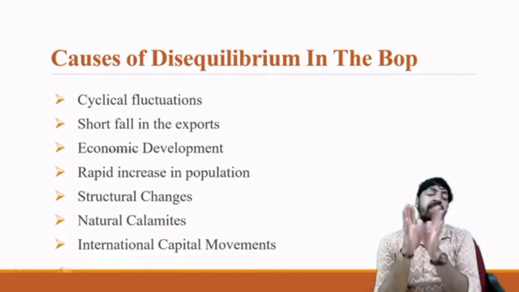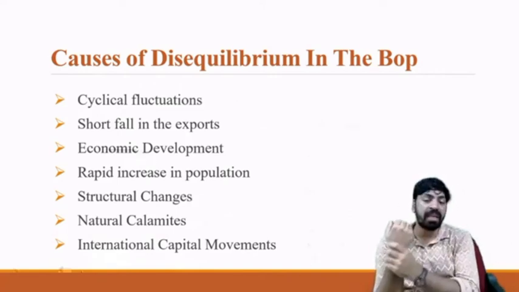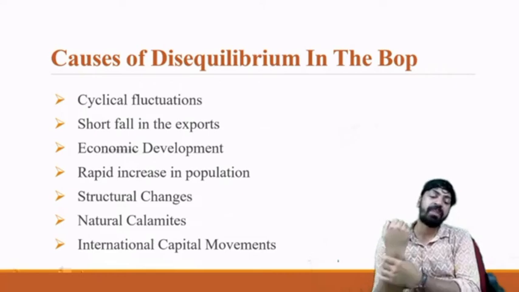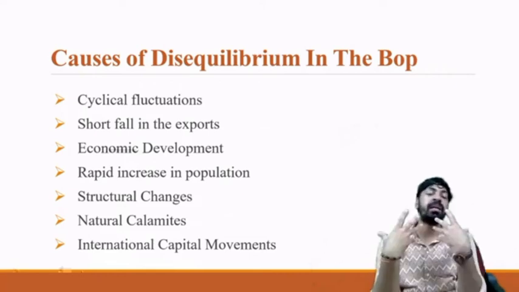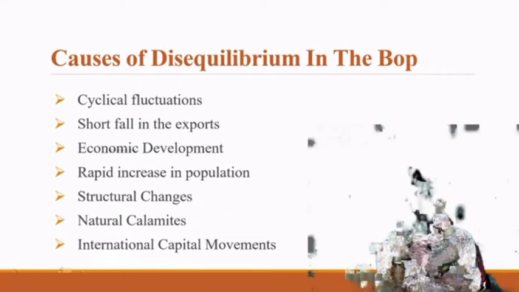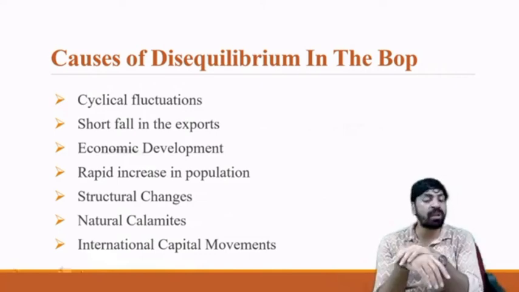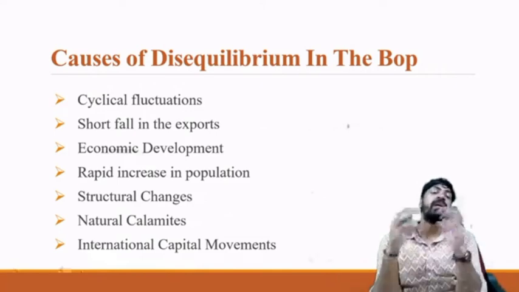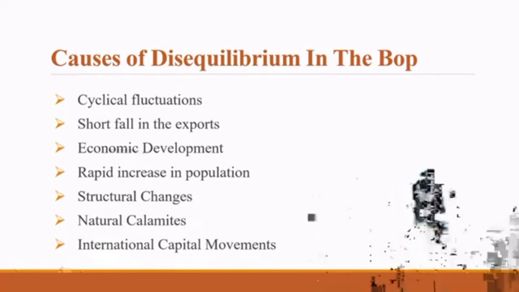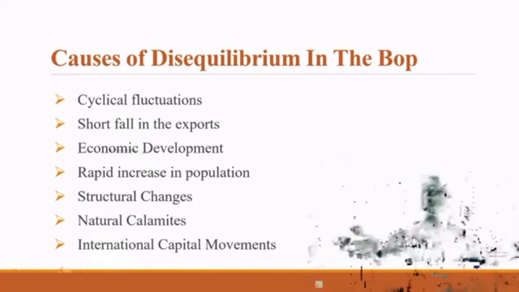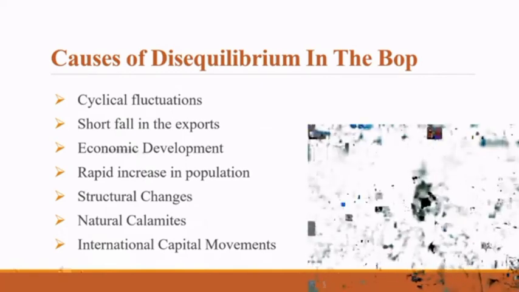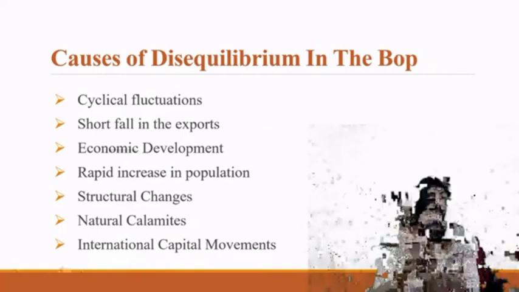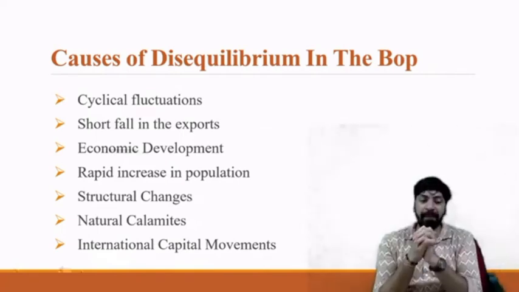Natural calamities will also influence the balance of payment because nobody knows what exactly comes within a second. It could be an earthquake, a cyclone, a typhoon, or floods. That's called natural calamity. So ultimately, it influences the country's or the economy's balance of payment.